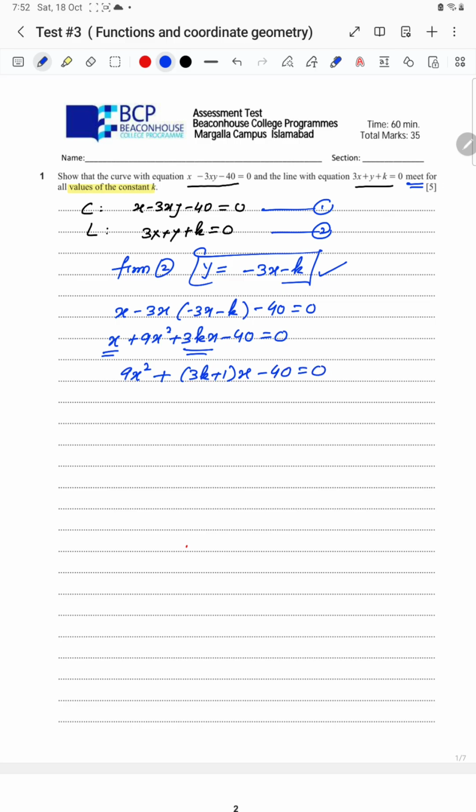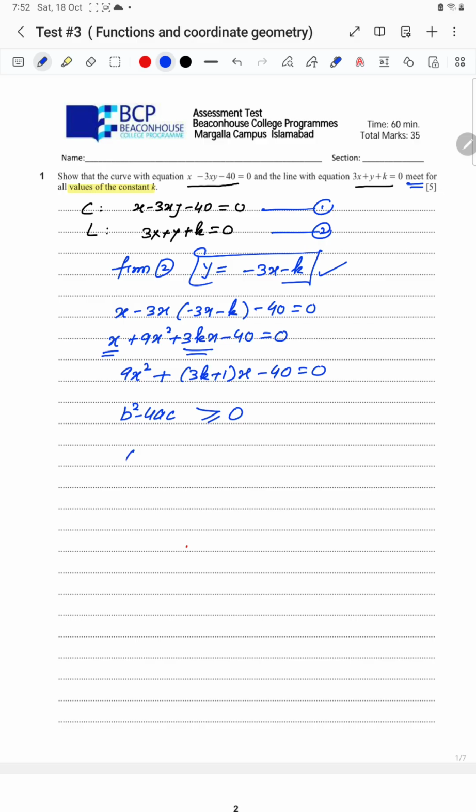As it is clear in the question, I have highlighted in yellow color, that they will meet for all values of the constant k. So for all real values of k, no matter positive or negative, we can apply the discriminant property: b square minus 4ac must be greater than or equal to 0.